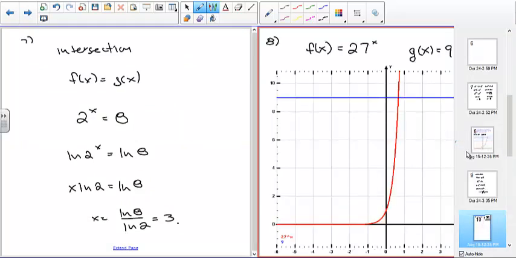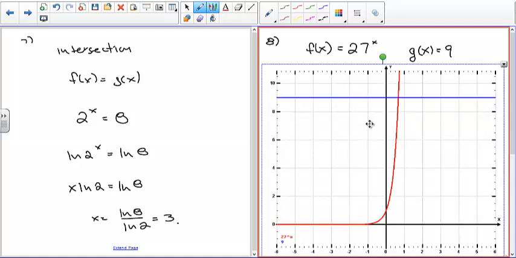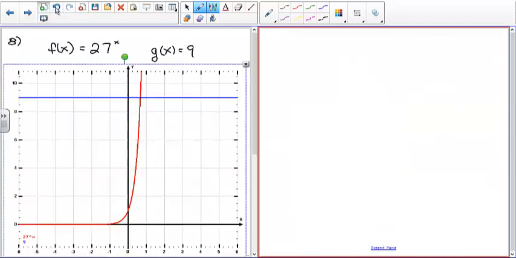So the next one is a similar situation. This red curve is 27 to the x. G of x is the blue line, which is a horizontal line. So to find the intersection of the two, we just set the two functions equal to each other and say, what is the value of x for this to work?